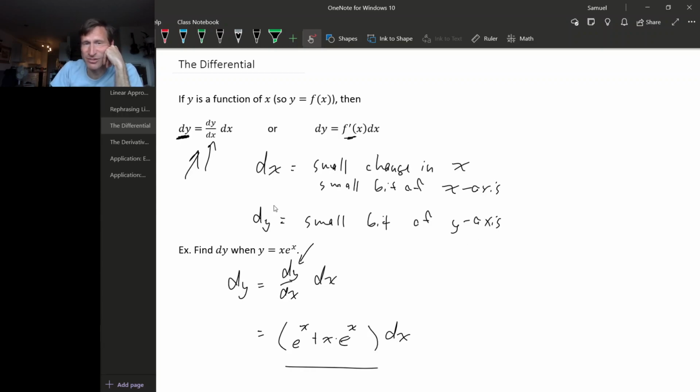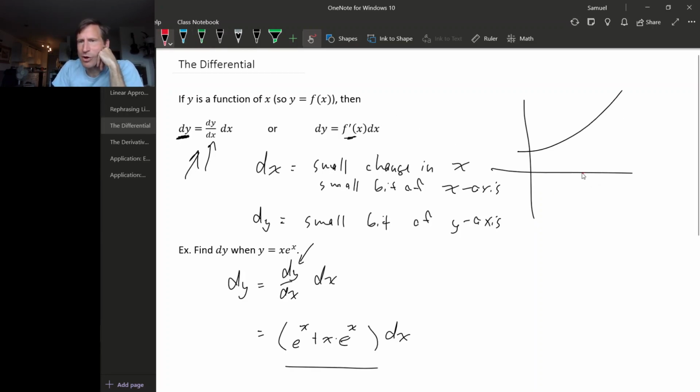And you know, in general, the small bits in different directions don't have to be related in any particular way, but if y is a function of x, then a small bit on the x-axis sort of gets turned into a small bit along the y-axis. So here's dx and here's dy.